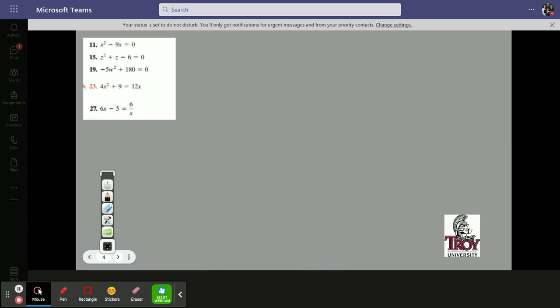Let's try x squared plus 5x plus 4. Okay. I want two numbers. If I multiply, I get 4. If I add, I get 5.